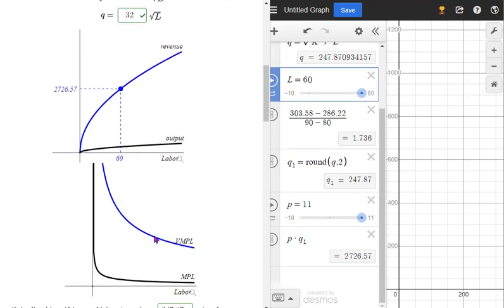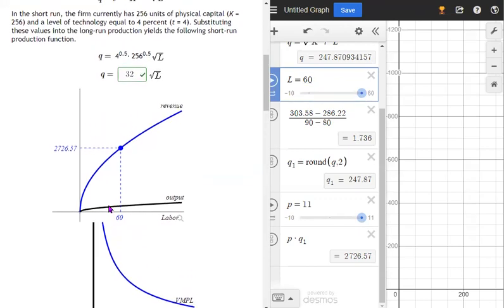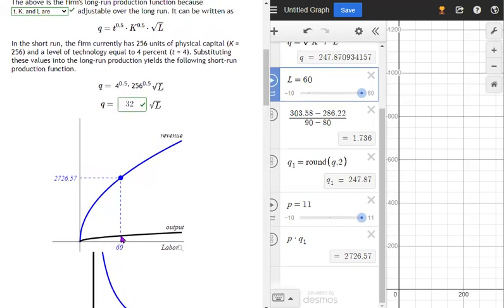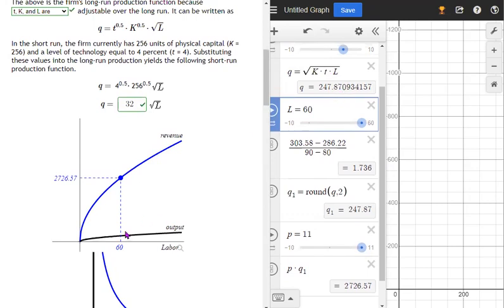Okay, so that's exactly what happened, right? The marginal product labor curve got pushed towards 0 because the height on the marginal product labor curve times my price of 11 puts us up here, right? So these are parallel. If I multiply this by 11, I'm up here, right? Same thing's going on here. This height here is 247.87, right? Because labor demand is 60.